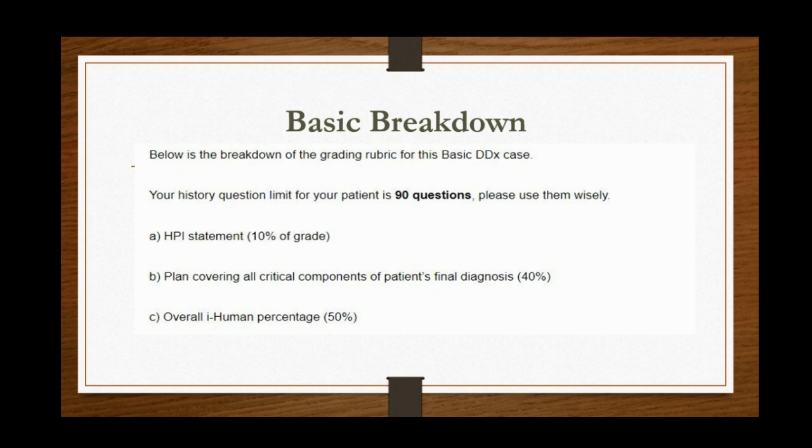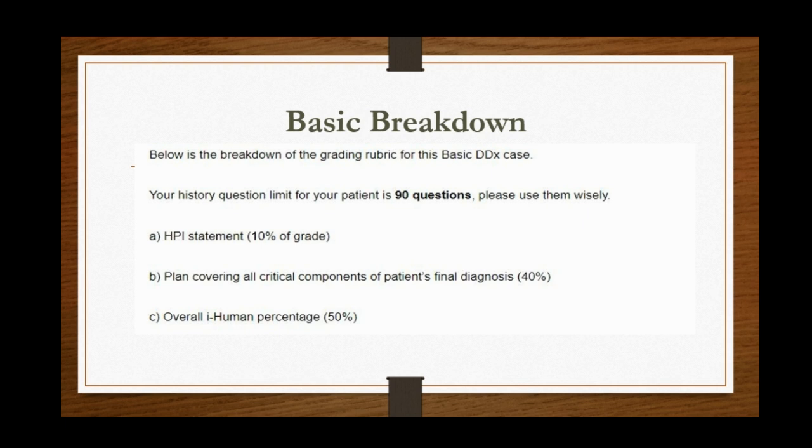They include HPI, or History of Present Illness Statement, which takes 10% of the grade; plan, which covering all critical components of patient's final diagnosis, takes 40%. Then the remaining 50% is taken by the other parts of the case.